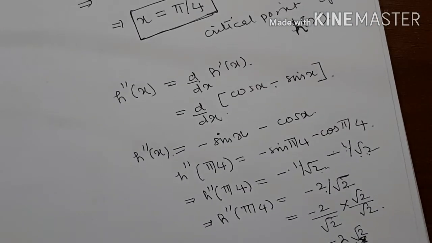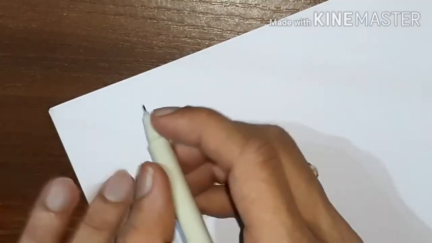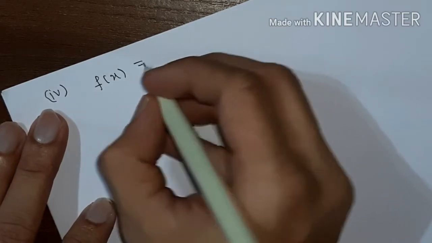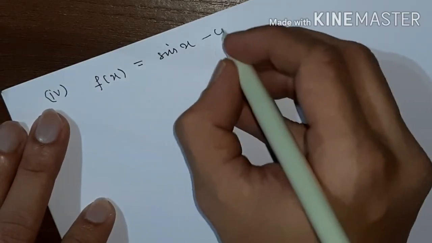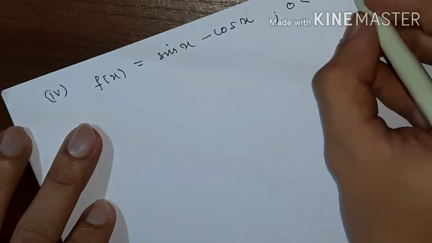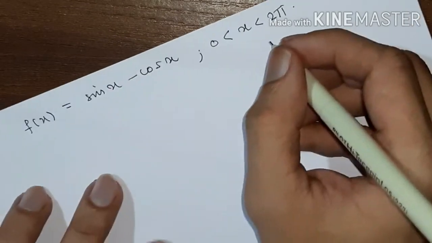Now that was the third. Now let us go to the fourth. So fourth is what? Fourth is again a trigonometric function, f of x equal to sin x minus cos x, okay, and 0 is less than x less than 2 pi, right?